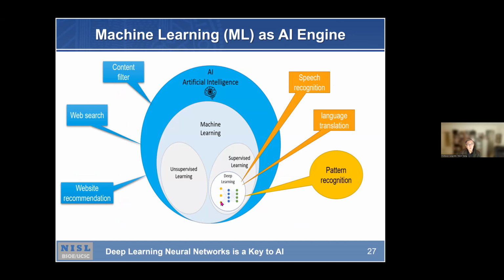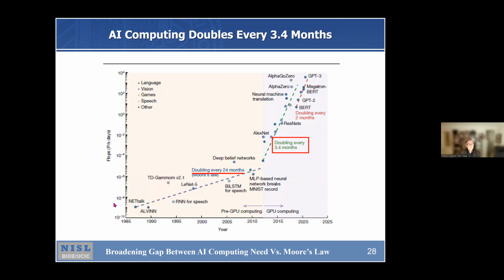As you all know, AI has become very, very popular, especially with ChatGPT and other things. Although there is a trend of Moore's law, when you look into AI, the computing need doubles every 3.4 months.